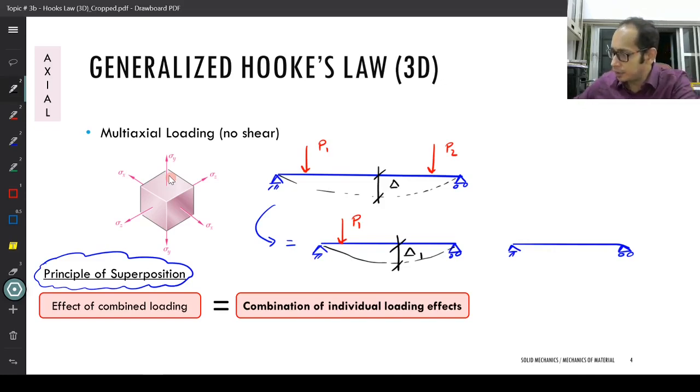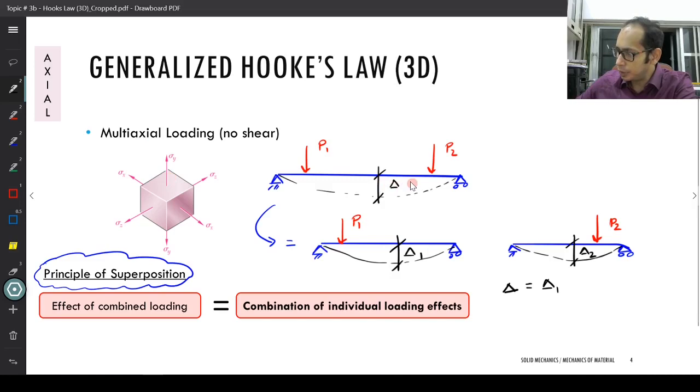And for the same beam, if I apply this load P2, and say this is my deflected shape, and at the center again I measure my delta 2, the principle of superposition states that your overall delta must be equal to the summation of delta 1 plus delta 2.